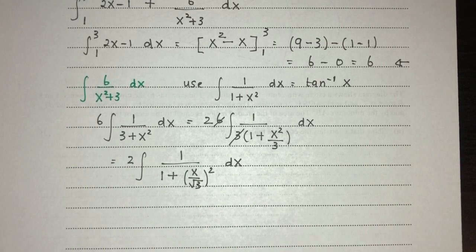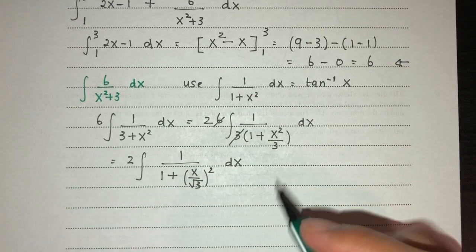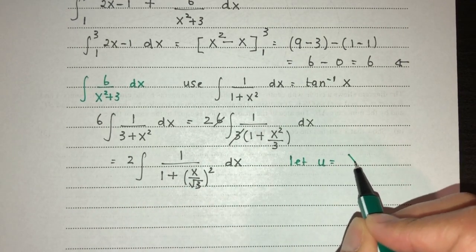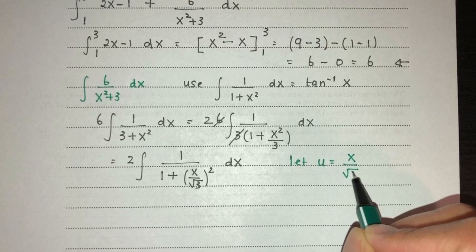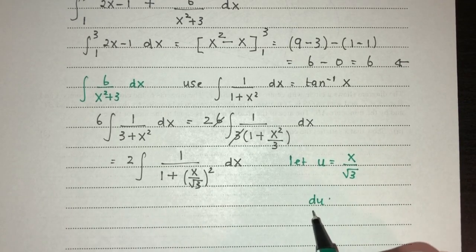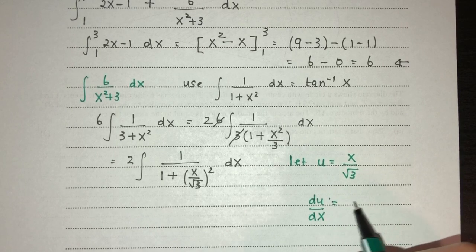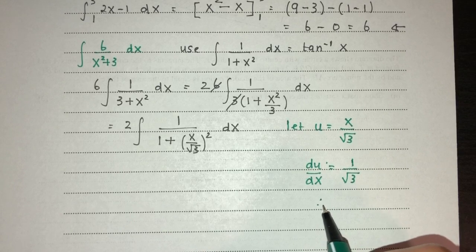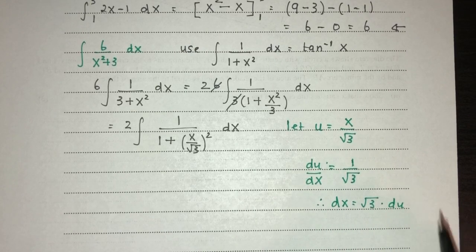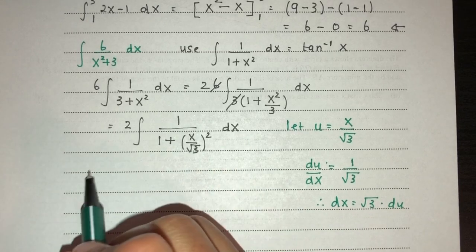Now this one is almost similar to this one. What we can do now is say let u equal x over root 3. To find du by dx, that will be 1 over root 3. So let's make dx the subject of the formula. That will become root 3 times du. Now replace this back in your integration.